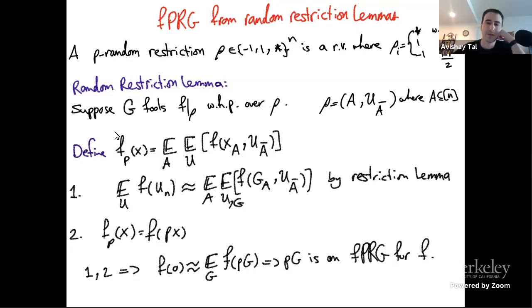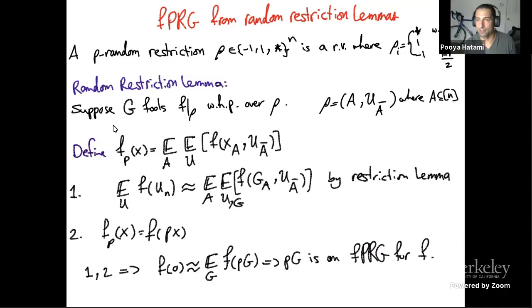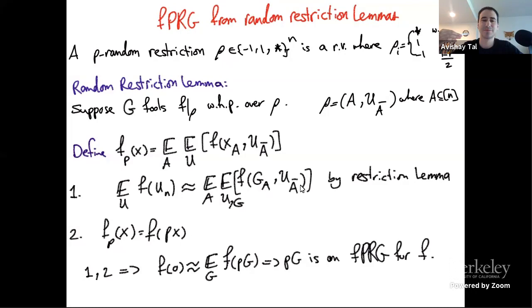Yeah, it's a good point. But maybe there is some other way of doing this. If you imagine applying the random restriction, you can also think of it as a degenerate fractional PRG, where at each step, some of the coordinates are 0 and some become either 1 or -1.